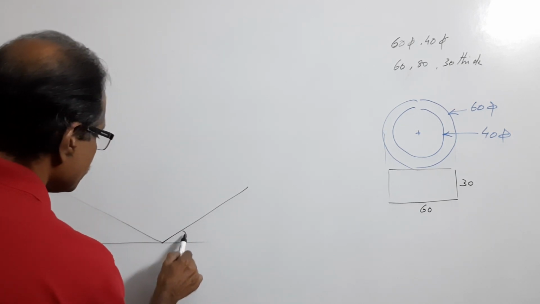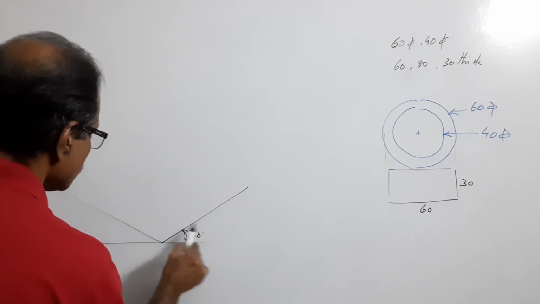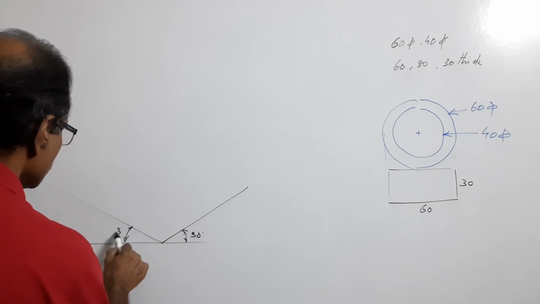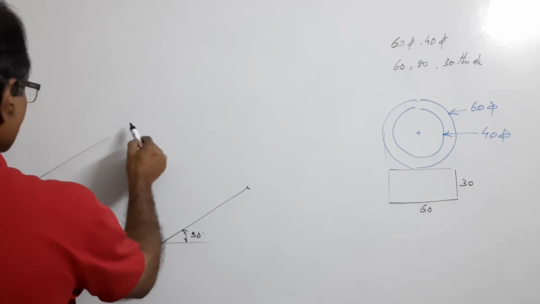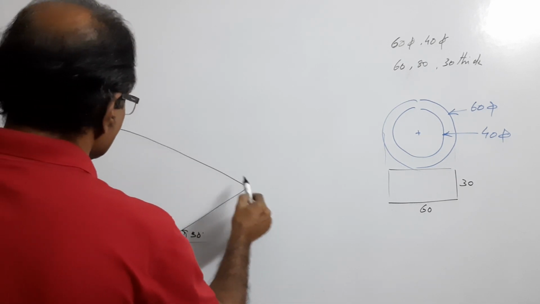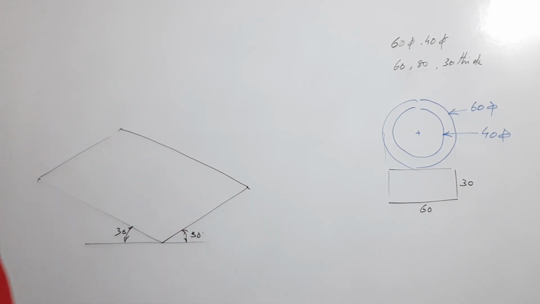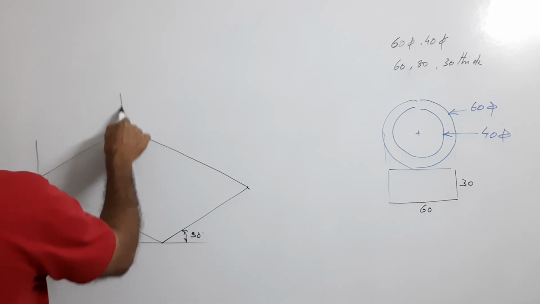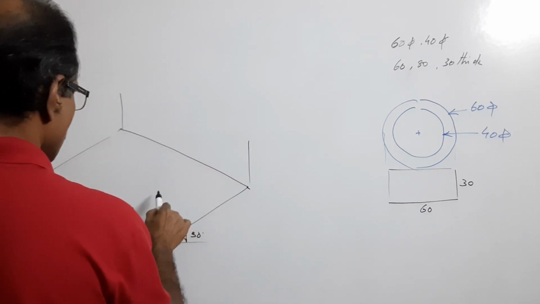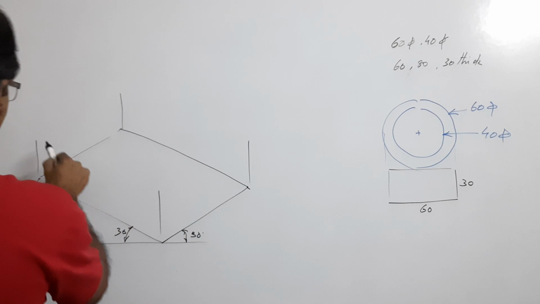Thirty. I take 80 in this direction and 60 in this direction. 80, 60. Measure 30 up. Connect.